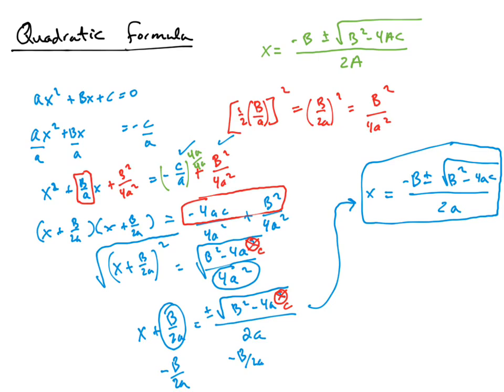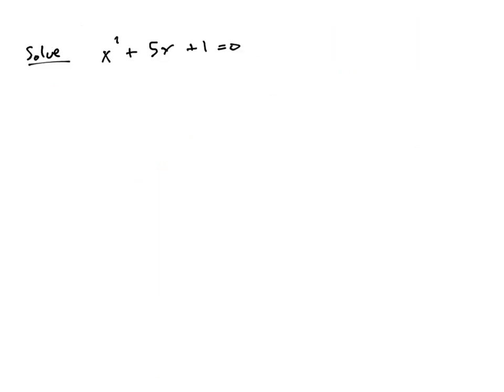Okay, so let's do one example showing how this works. Alright, so let's solve this equation: x squared plus 5x plus 1 is equal to 0. Now, the thought process that we should go through is probably to think, can this be factored? Well, are there any two numbers that multiply to 1 that add up to 5?